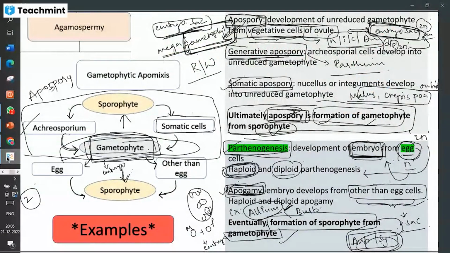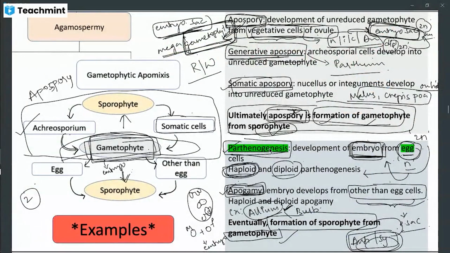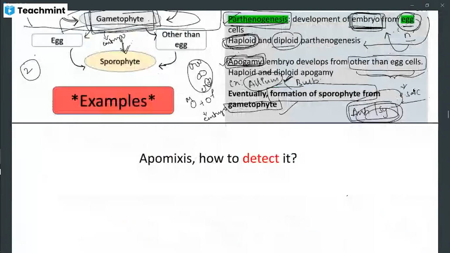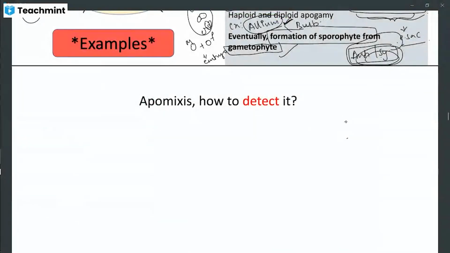So in parthenogenesis, if the embryo has formed, what will be the ploidy level of that embryo? Whether it will be haploid or diploid? It is not haploid in one case and diploid in another. See, listen carefully. If the egg cell gives rise to an embryo, what do you call this?